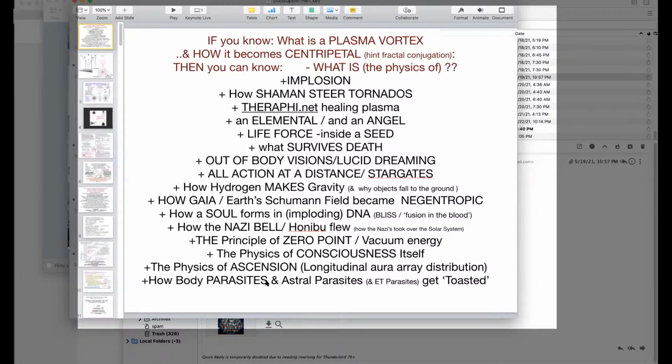So that is the answer to what is the physics of consciousness itself. And then you see how that is the physics of real ascension. It was called ascension, the next dimension, because the number of axes of spin symmetry you superpose can only go past 3 dimensions. If you take the tetra cube and you want to rotate that into the next dimension, the only way to do it is tilt the cube 32 degrees.